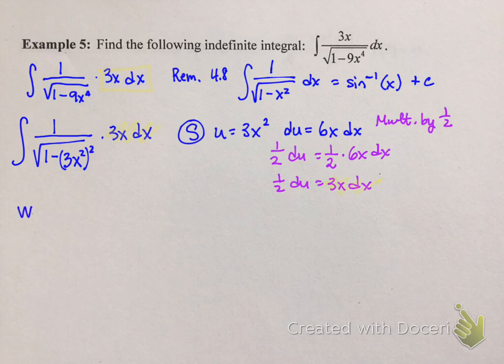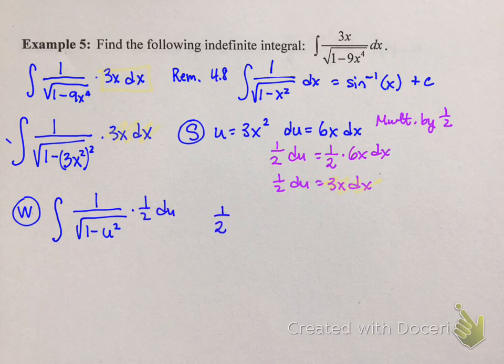So my next step is to write out the integral in terms of u. I'm going to write this out as 1 over the square root of 1 minus u squared, and then times 1/2 du. If I place the 1/2 outside of the integration sign, I get 1/2 times the integral of 1 over the square root of 1 minus u squared du.